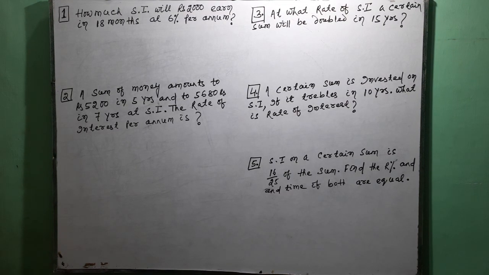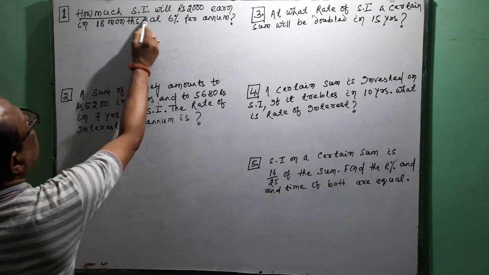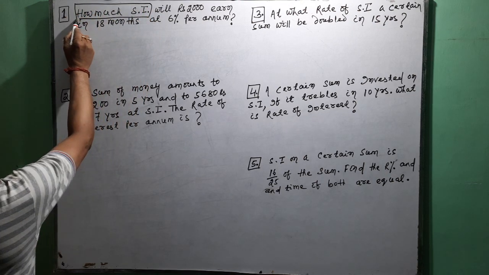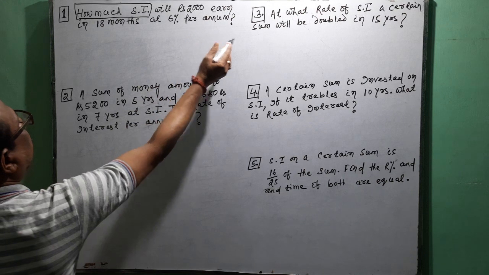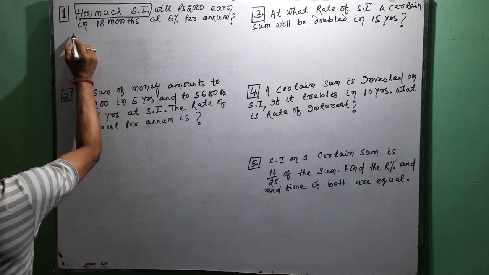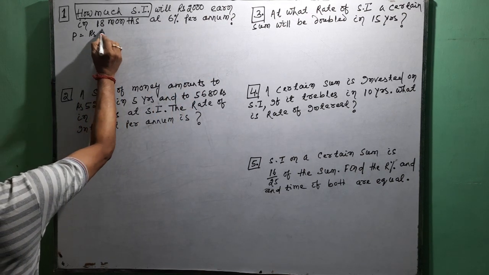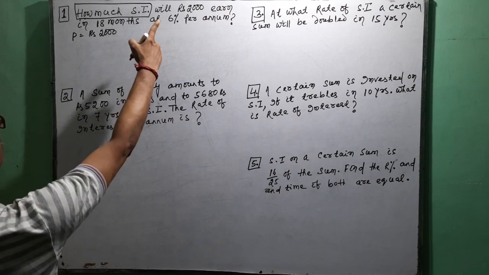Number one problem. How much SI will rupees 2000 earn in 18 months at 6% per annum? P is equal to rupees 2000.